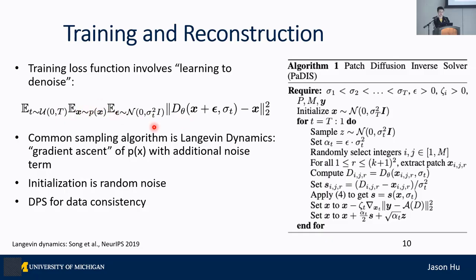I want to also highlight one other point, which is that we have to randomly select these integers, i and j, which represent our patch location that I mentioned, which gives rise to the score function of an entire image. And then we use the sampling algorithm Langevin dynamics, which was covered a bit yesterday, which is essentially just gradient ascent of p of x to some degree with some random noise. And then we use the DPS method, which Webb covered extensively yesterday, for data consistency.